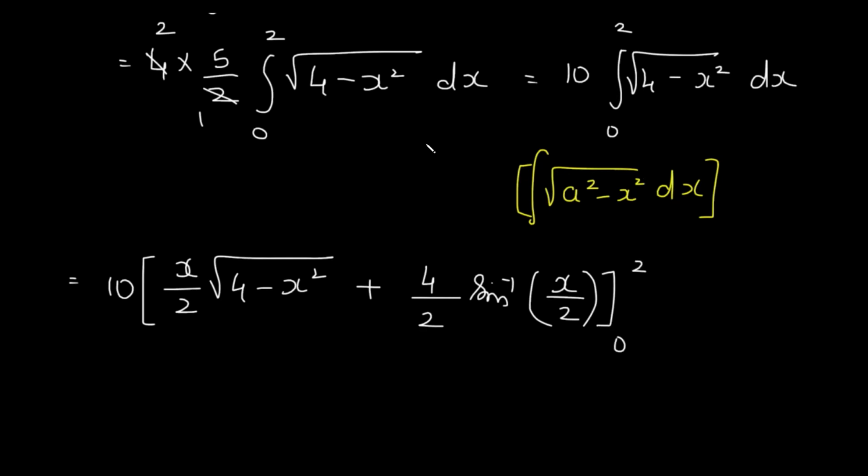Perhaps over here you can write one more step, 10 times the integral from 0 to 2 of root of 2 square minus x square dx, so that you understand it in a better manner.